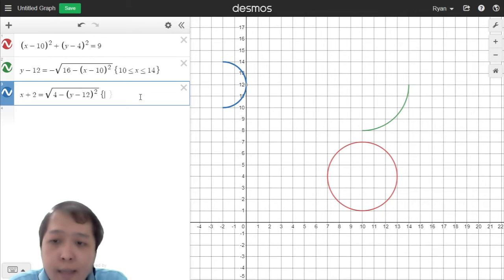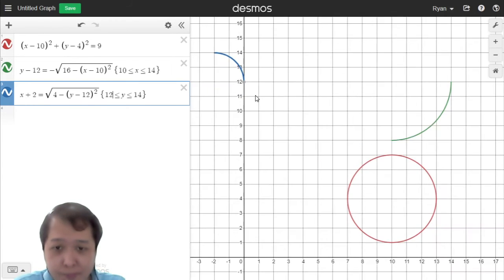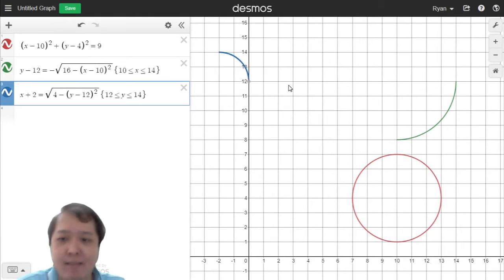Boom boom, bada boom. That's the bottom right part. The top right part, just play around with the interval. Of course we can put 13 here, but it's going to be awkward, not a quarter circle anymore. Here we go. Very clear, right?